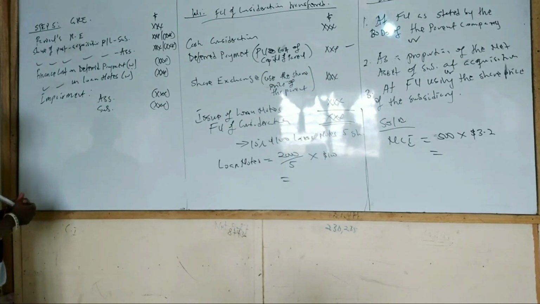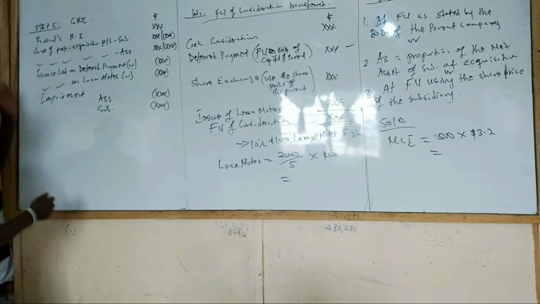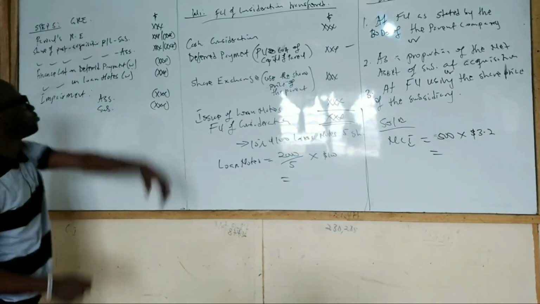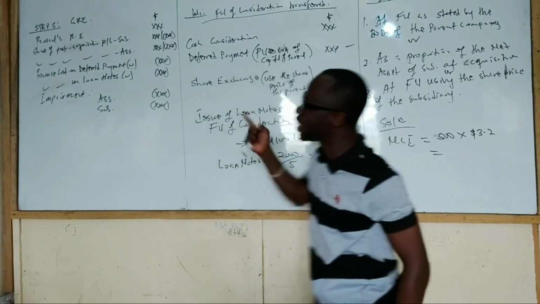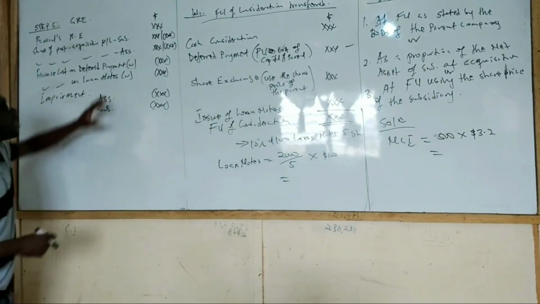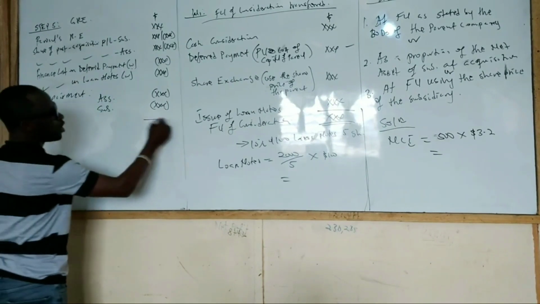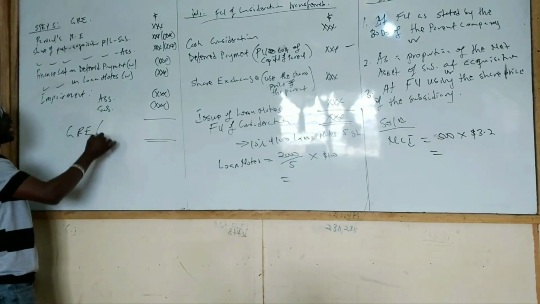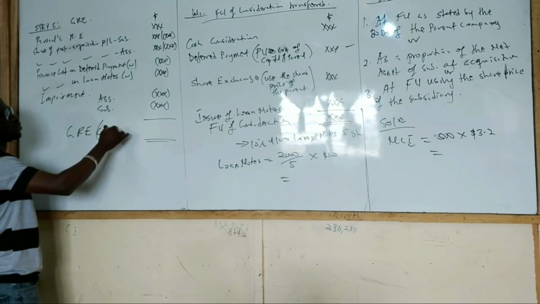I think that should be all. So these are the things that we account for here. We sum all of them up, and that gives us the group retained earnings. That will be taken to the group statement of financial position.